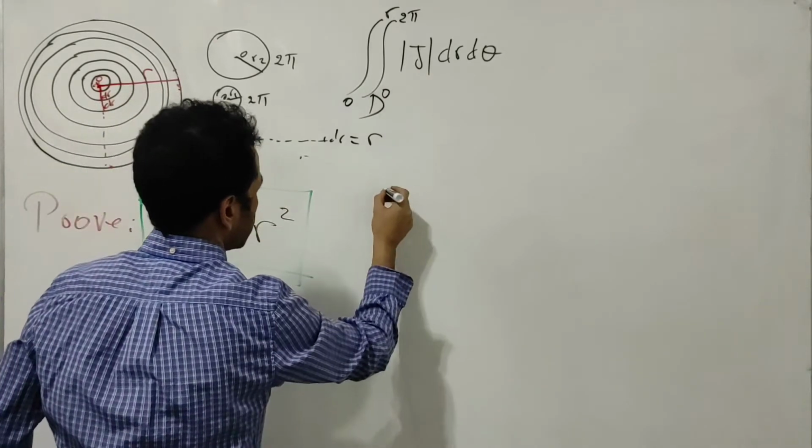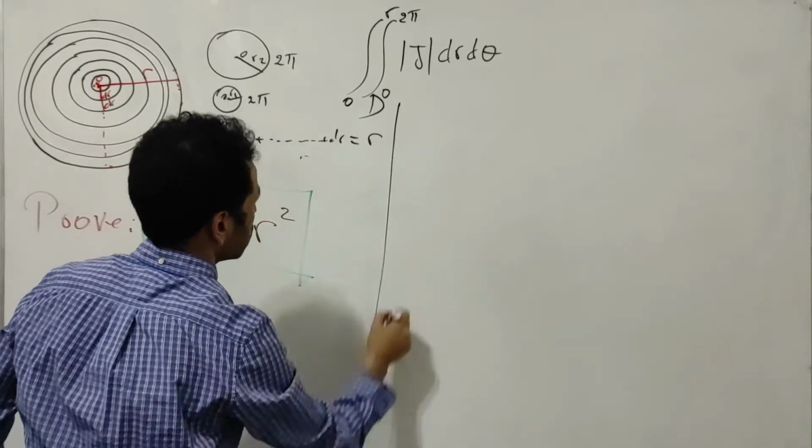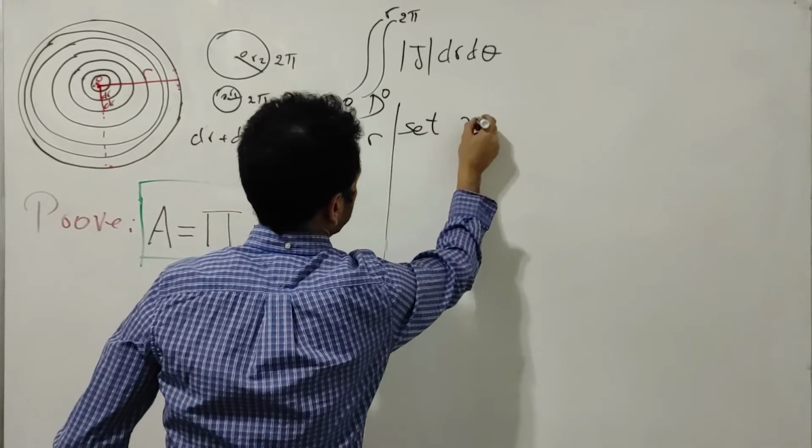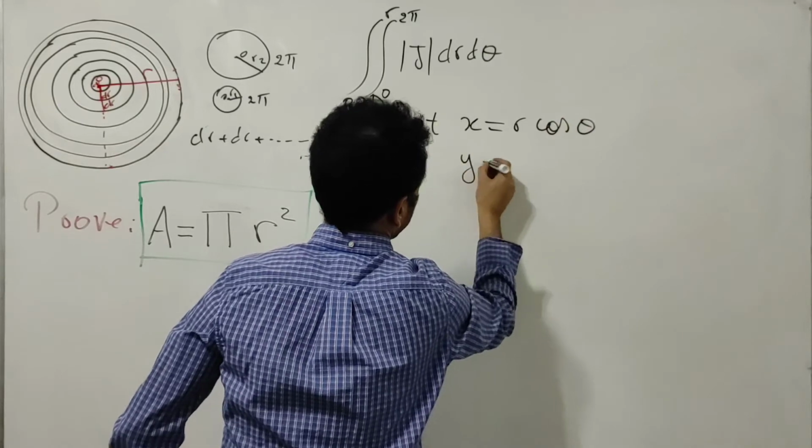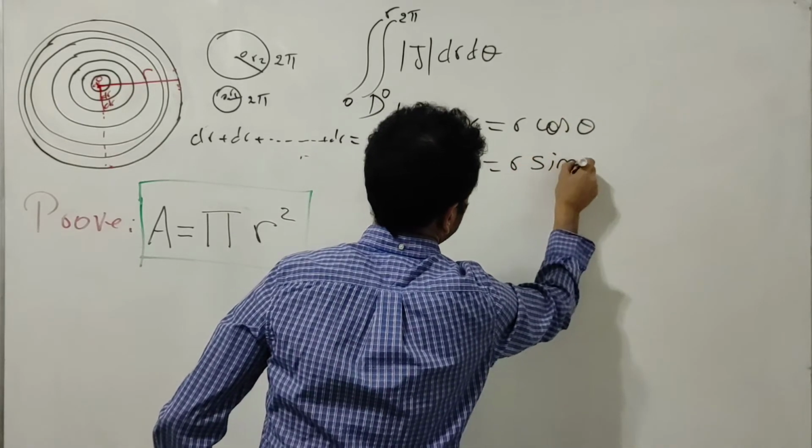So let's set x equal to r cosine theta, y equal to r sine theta.